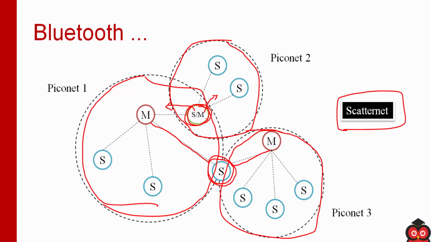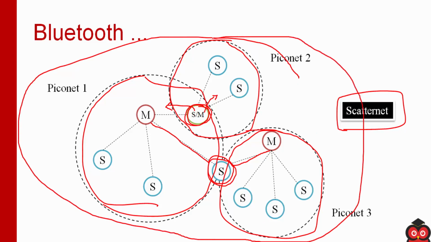So it is playing both the roles of slave and master. Since the areas of Piconet 1, Piconet 2 and Piconet 3 are overlapping, this entire thing is called Scatternet.